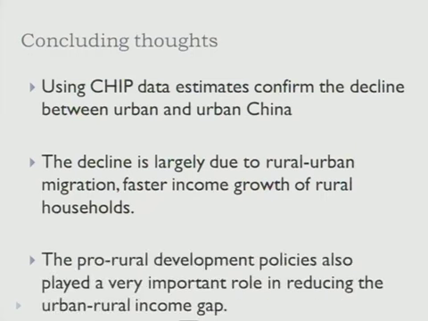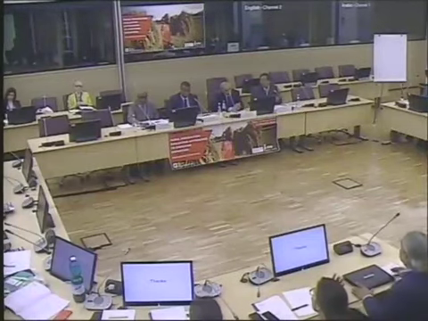Policy is also very important, I think. Pro-rural development policy also plays a very important role in reducing the urban-rural income gap in China. Okay, thank you. Thank you very much.